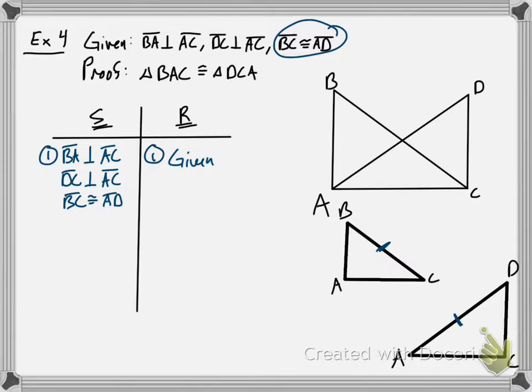Moving to phase 2, which is using our given. Here we have perpendicular mentioned twice. So we want to use the definition of perpendicular, where we have BA is perpendicular to AC, so we have a right angle that is formed there. We also have DC is perpendicular to AC.